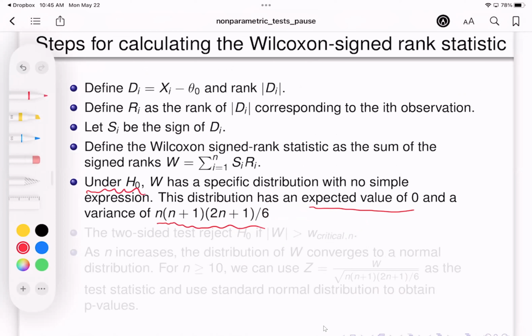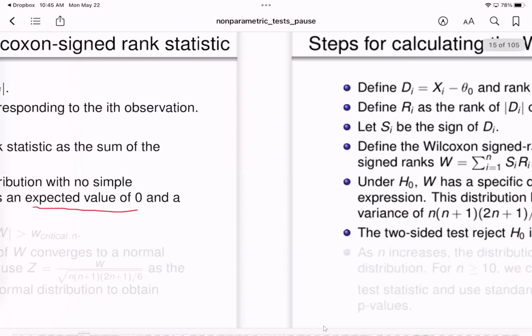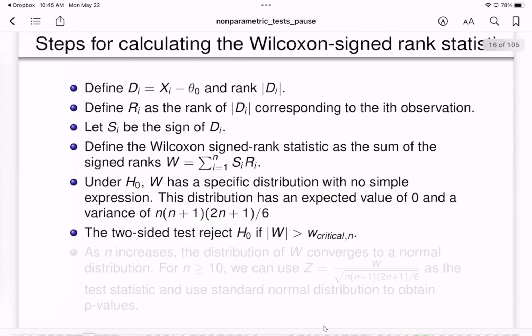Once we know the distribution, we will be able to use the distribution of W to decide whether the observed W calculated from the sample is extreme or not. So for example, in the two-sided test, we would reject the null hypothesis if the absolute value of the test statistic W is greater than the critical value from the distribution of W.